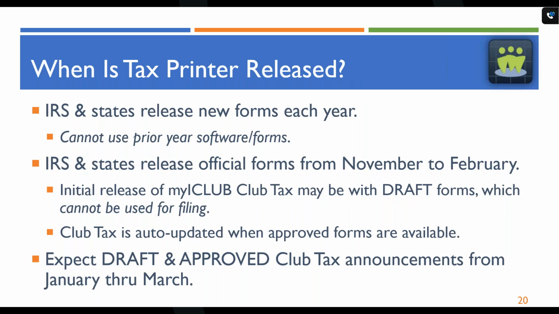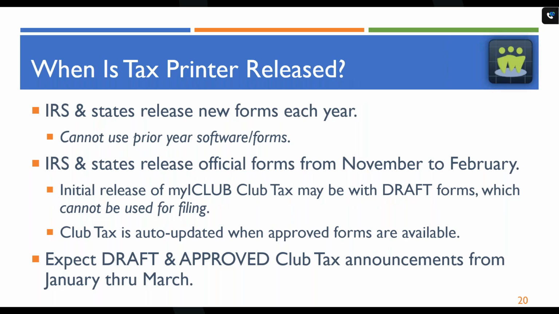States and the IRS release official forms for the upcoming tax year anywhere from November, and then even make changes through February. So you may have draft forms after you purchase and try to generate your tax forms in My iClub.